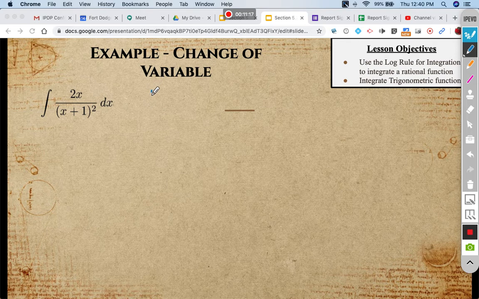If we let u equal x plus 1, du is just going to be equal to dx. So that takes care of the dx, and that takes care of the x plus 1. I still have this x here to take care of.